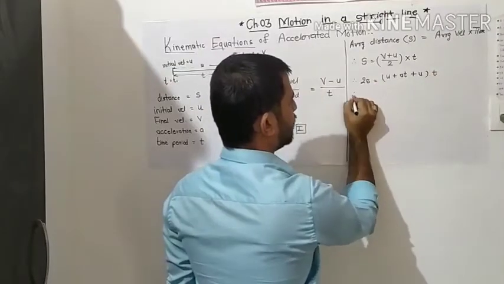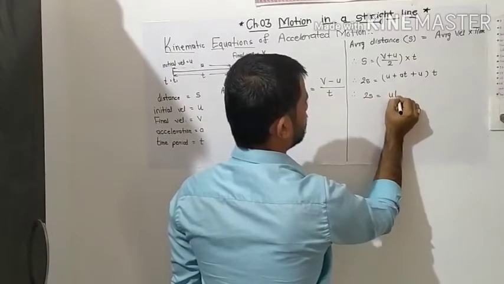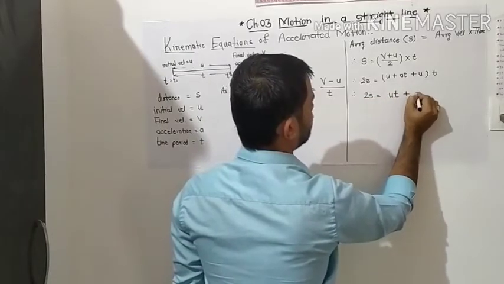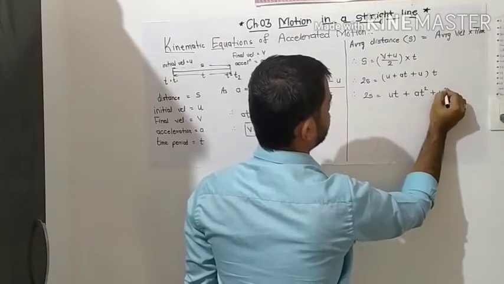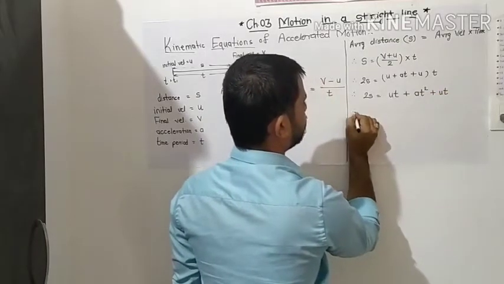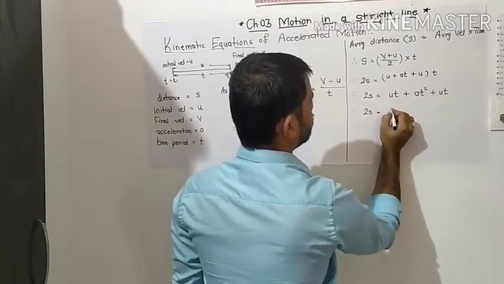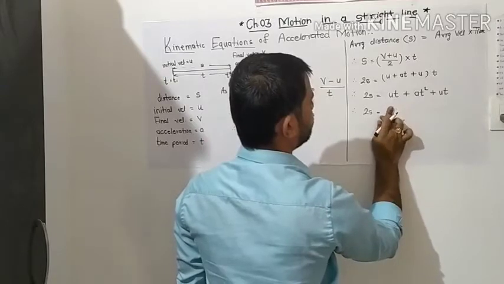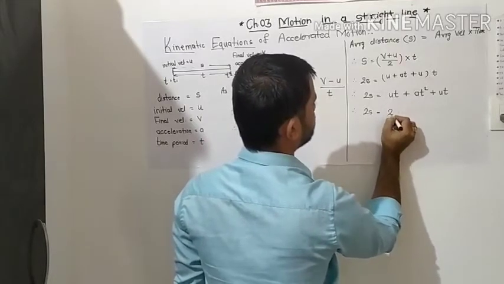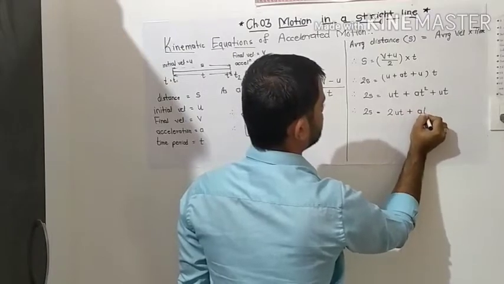So twice s is equal to ut plus at square plus ut, therefore twice s is equal to twice ut plus at square.